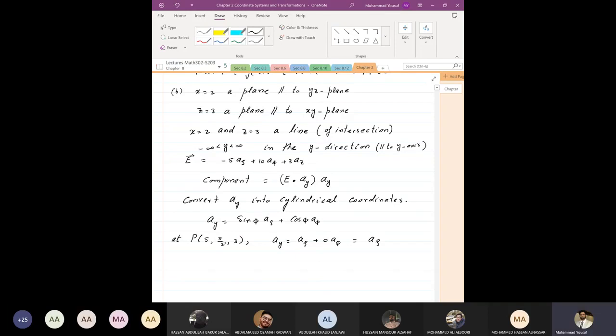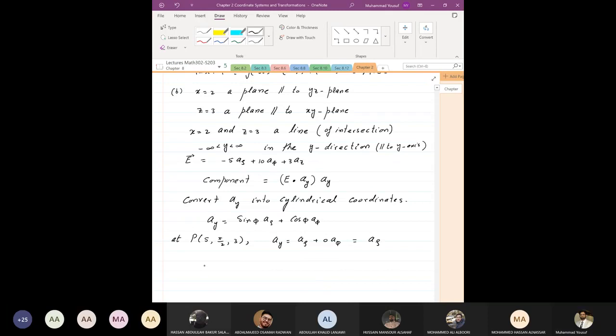At this point, if you change the point, the answer will be different. You know this pi over 2 is angle phi. And angle phi starts from the positive x-axis. And when angle phi is pi over 2, then the point is on which axis? The y-axis. So this is the reason we have a_rho. a_y is a_rho.